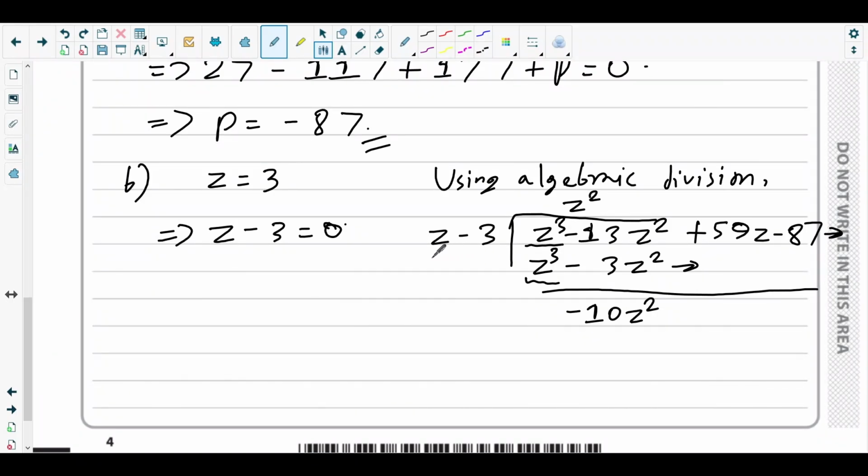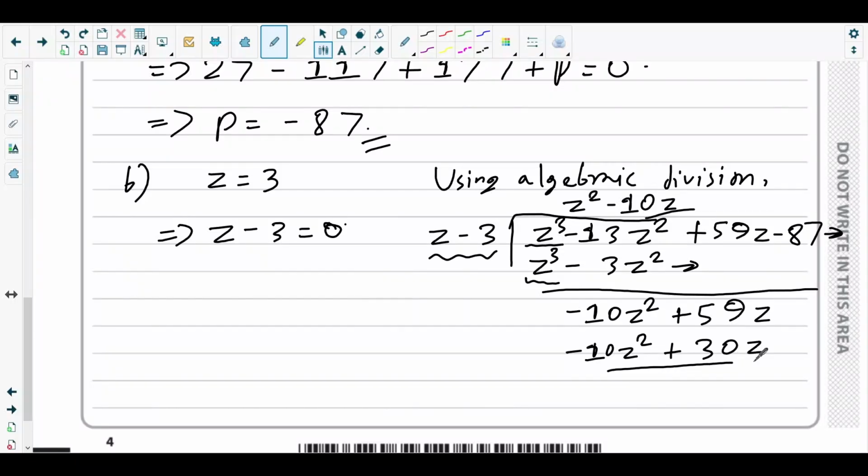Now we need the next term, so take 59z down. We have to multiply by negative 10z to eliminate negative 10z squared. Negative 10z times z gives negative 10z squared, and plus 30z.